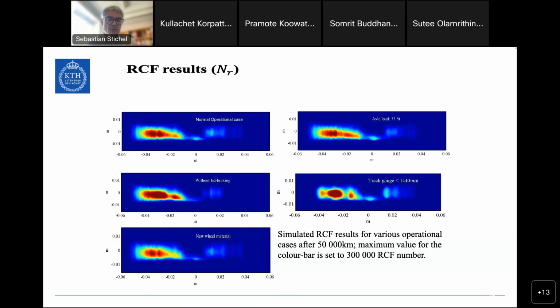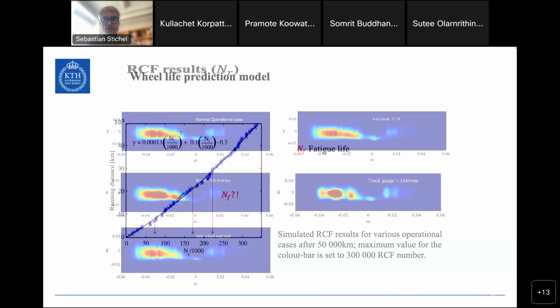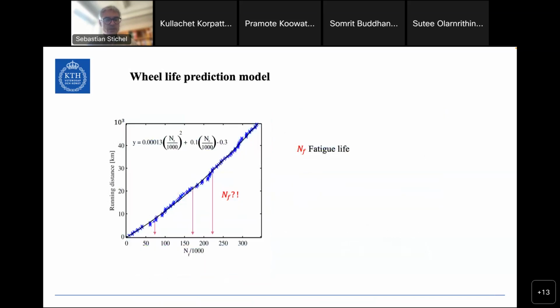So up to then it was possible to do qualitative studies, but we wanted to do also quantitative studies. We really wanted to be able to say after how many exceedances of the limit in shear stresses we really have a failure, so to really assess the fatigue life.